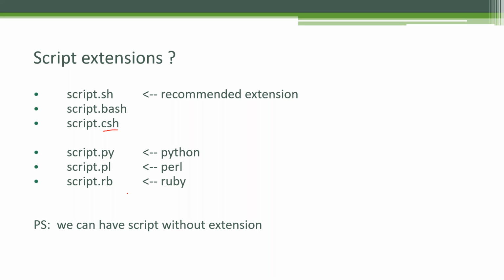So it is easily understandable for any user: looking at the extension, they will come to know that this is a Python script, this is a Perl script, this is a Ruby script, and so on. But the default recommendation is that we go with script.sh. That is the extension we'll be using in our lab as well.